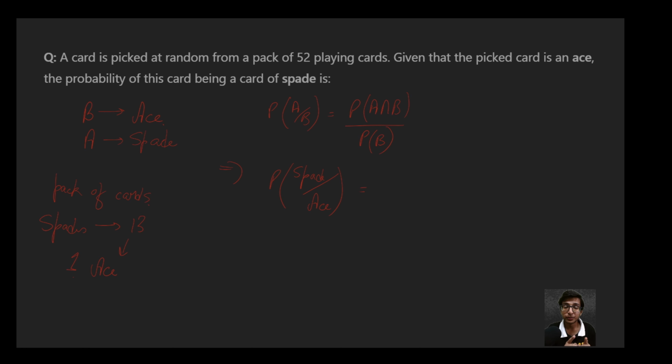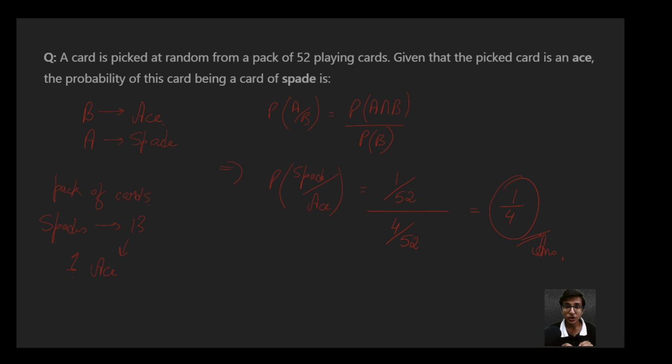That means it should satisfy both conditions, so it can be only one card. The probability comes out to be 1 by 52. This is for A intersection B. Now the probability of B, the probability of us picking an ace. How many aces are there? There are in total 4 aces. So our probability becomes 4 by 52. Ultimately, this is 1 by 4. This is our answer.